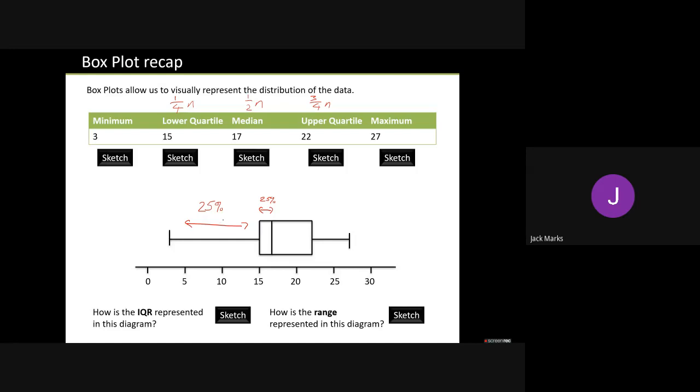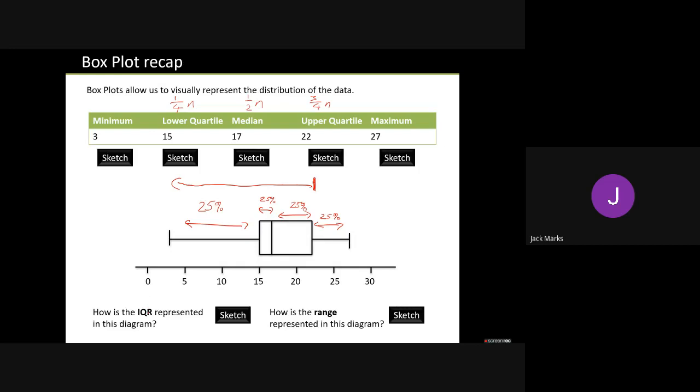That might just be the way that the data is, or perhaps it could be due to something like an outlier. And again, these other sections are made up of 25% each. So for example, I could say that 75% of the data has a value of 22 or less. This is something sometimes that you're asked about, which is using the 25% together.